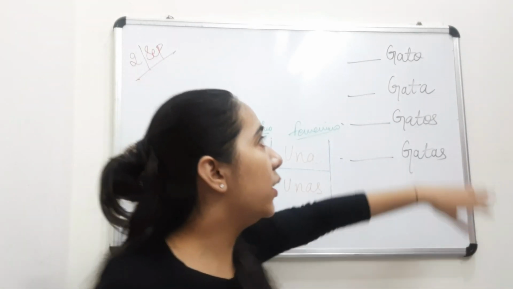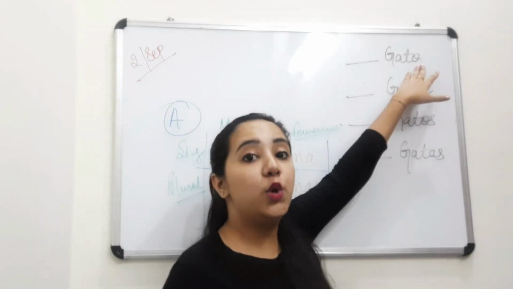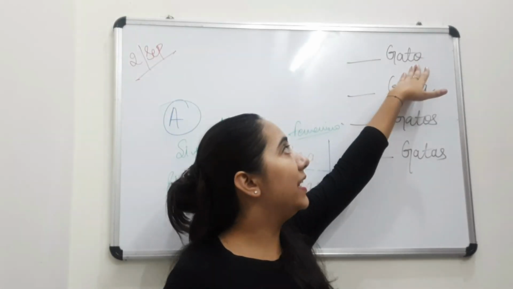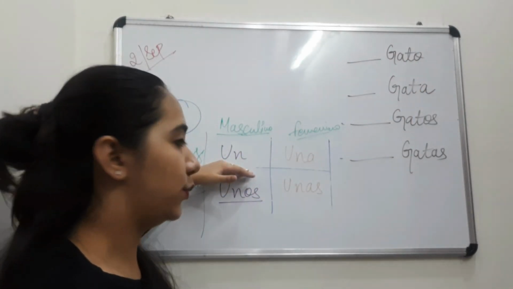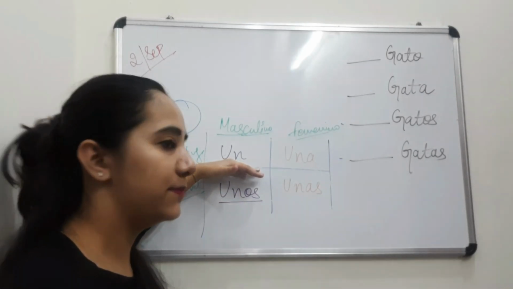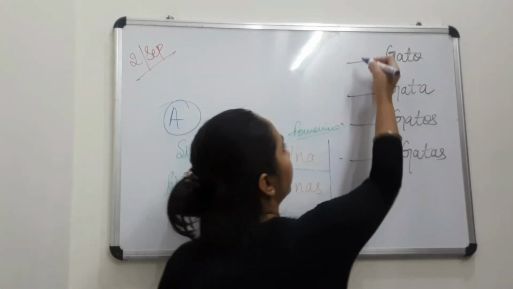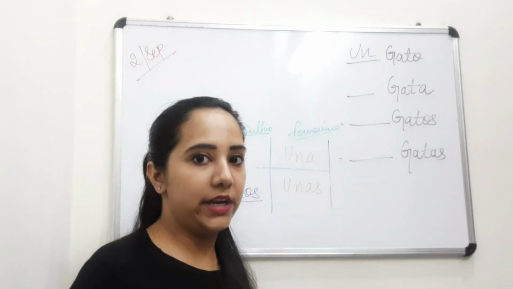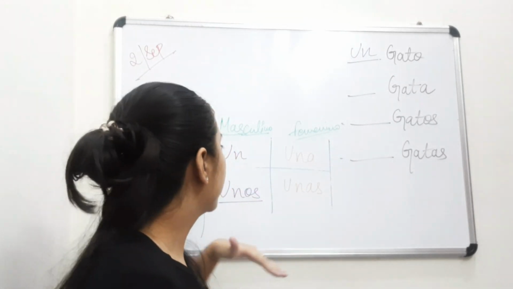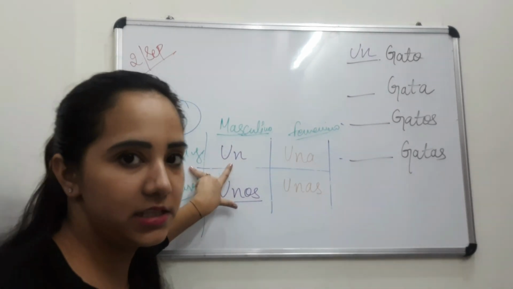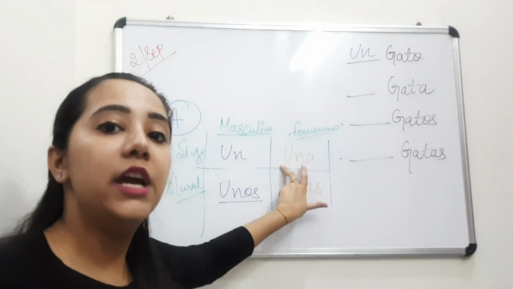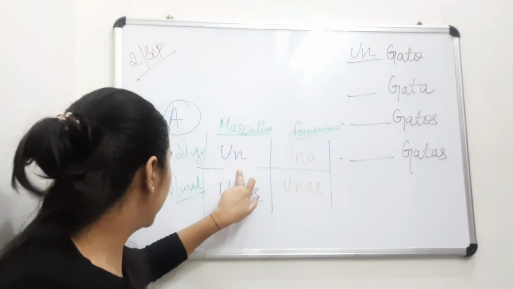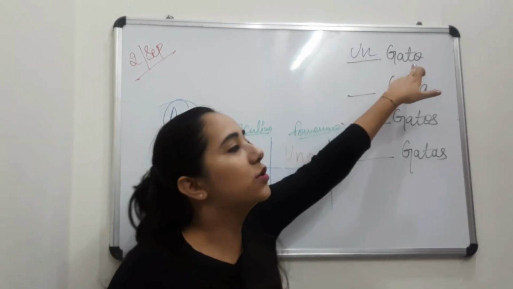Gato is ending with o, that means it's masculine and it has no s or es. So we will go for this one. If you still don't understand, gato is singular, there is no s or es. So for singular we have this singular and this singular. You have two options. So I go for this option because this is masculine and this is also masculine.